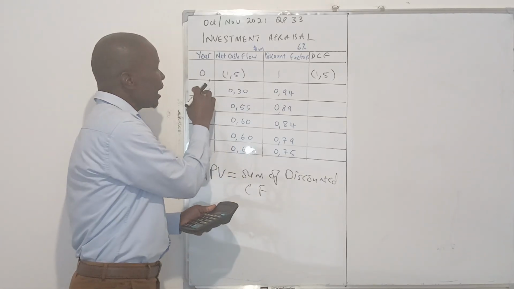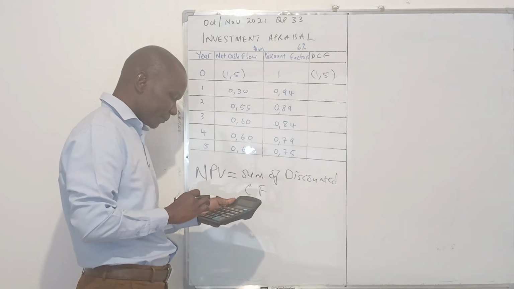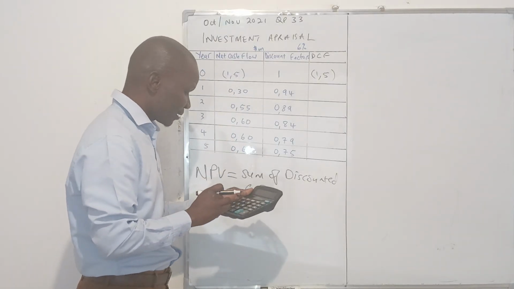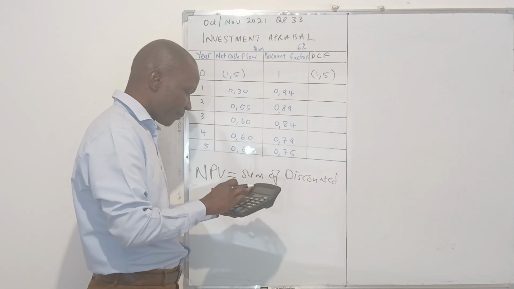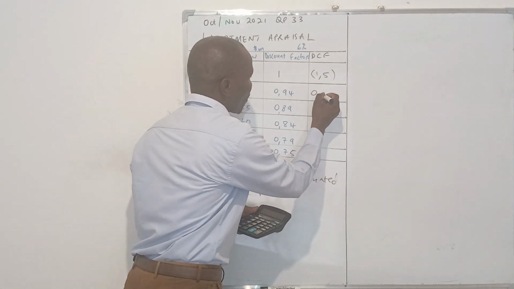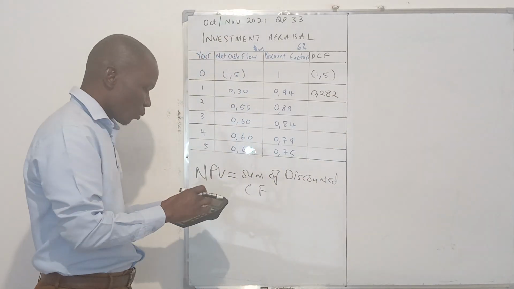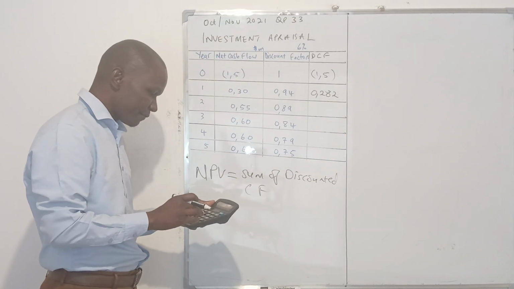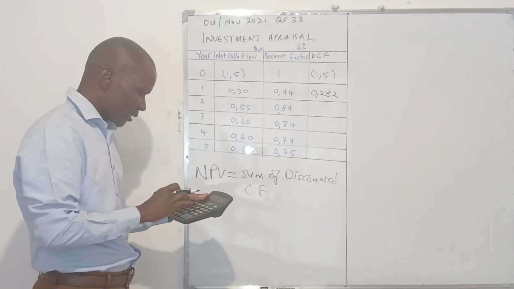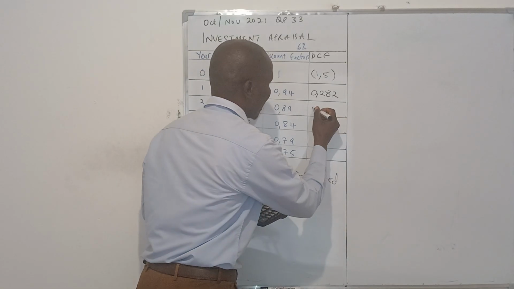Then in year 1, we are getting 0.3, and we multiply that 0.30 by the discount factor 0.94. It gives us 0.282. In year 2, we say 0.55 times 0.89. It's going to give us 0.49.